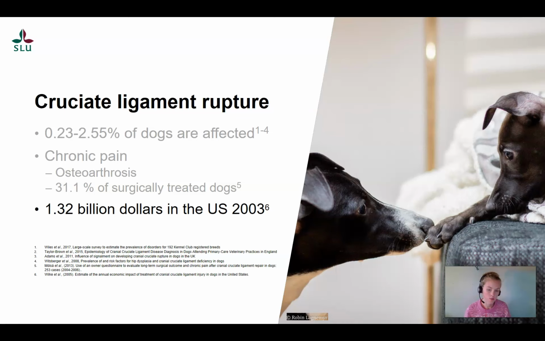This number has probably increased a lot since then, because it was almost 20 years ago. So as a summary, the disease is quite common. It quite frequently results in chronic pain in the affected dogs, which of course affects their welfare. And it's also quite costly for the animal owners.